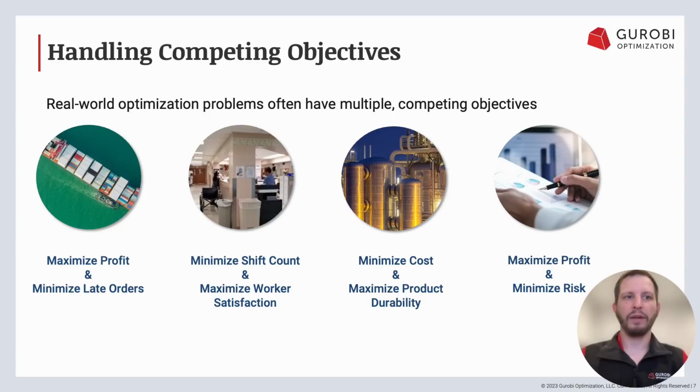So this is a lot of, I'd like to have my cake and eat it too. Often with these objectives, when you go in one direction, you're sacrificing something, and when you go in the other direction, you're sacrificing something else. So it's all about maybe finding that balance point.